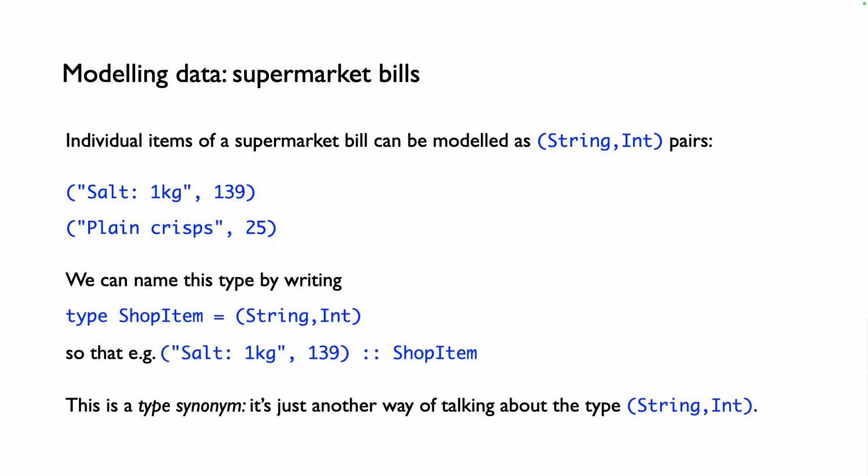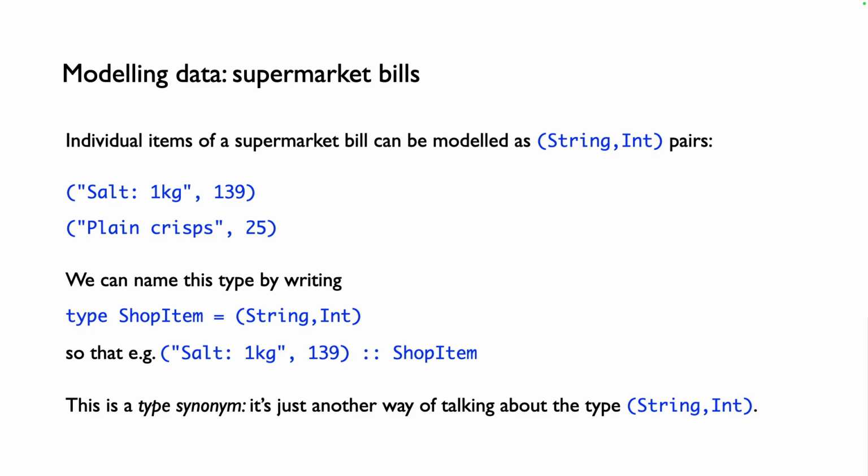Now we can actually give that type a name. We're calling this type shop item. So we're saying type shop item is this type where the first item is a string, the second item is an integer. So something like salt, 1 kilogram, followed by 139, is of type shop item.